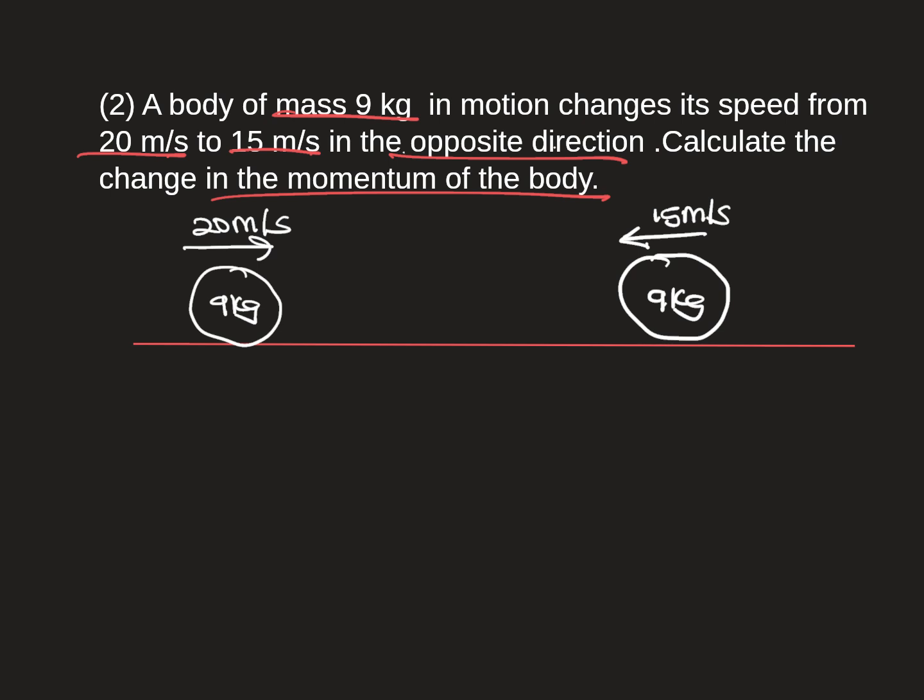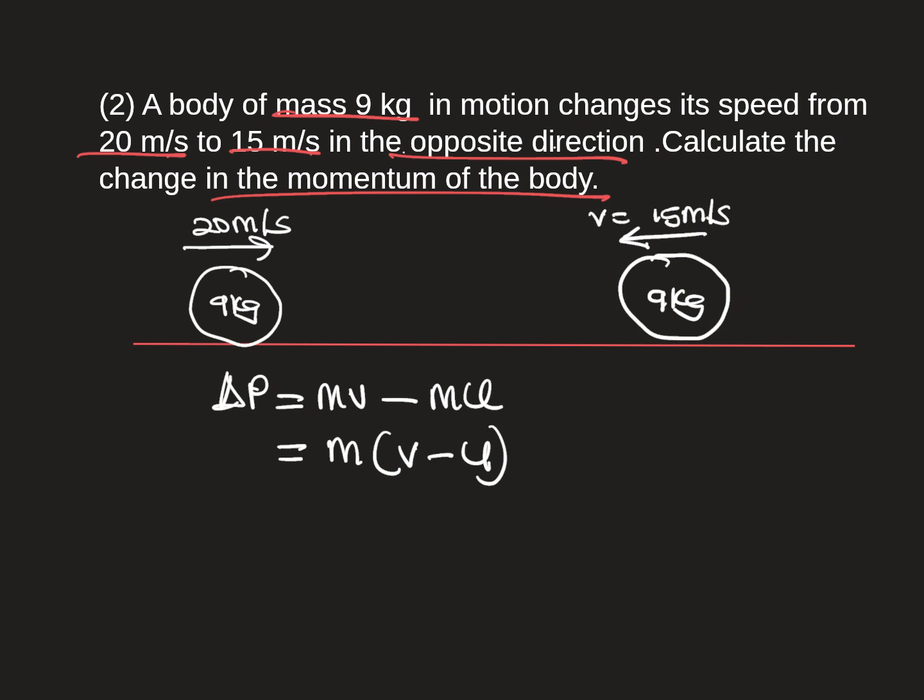To find the change in momentum, the formula is mv minus mu, or we can factorize to say m into v minus u. This is the final velocity, this is the initial velocity.